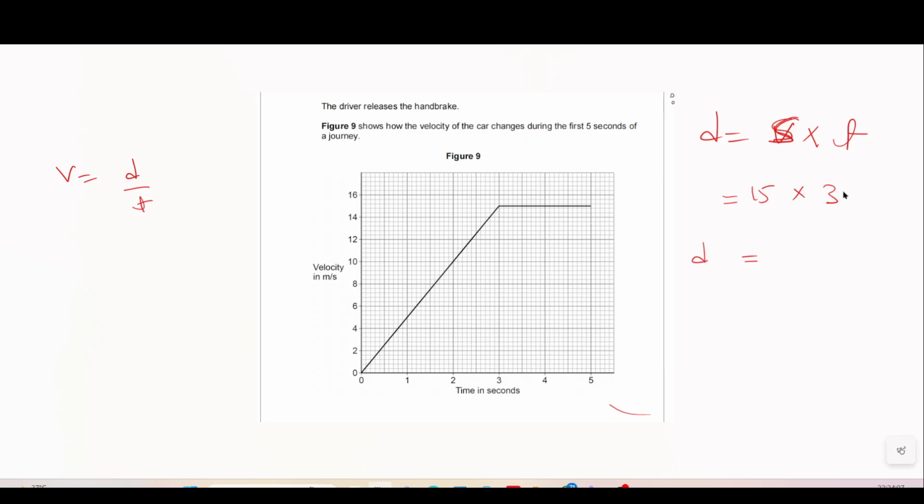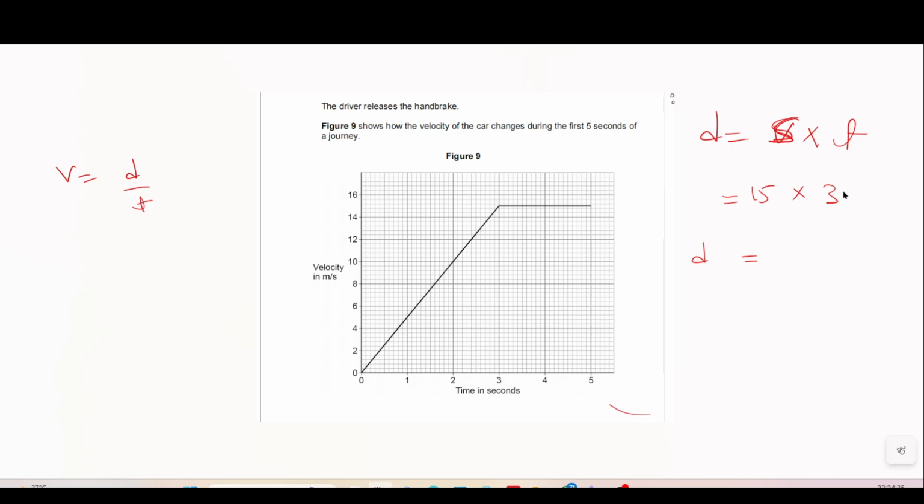Okay, yeah, I mean speed. But we have to find distance, right? Yep, velocity times time. So the velocity equals 15 times by 3, which is 45.